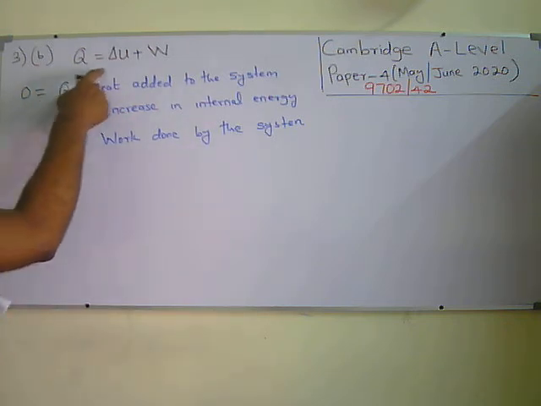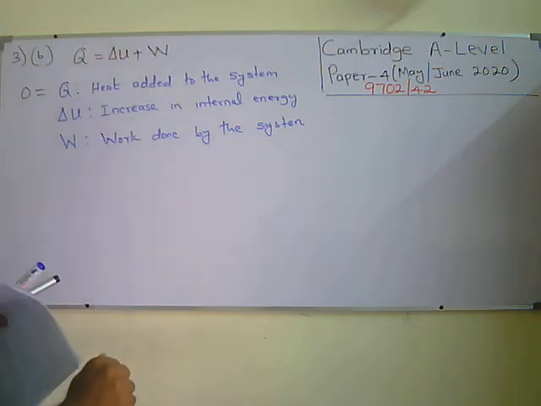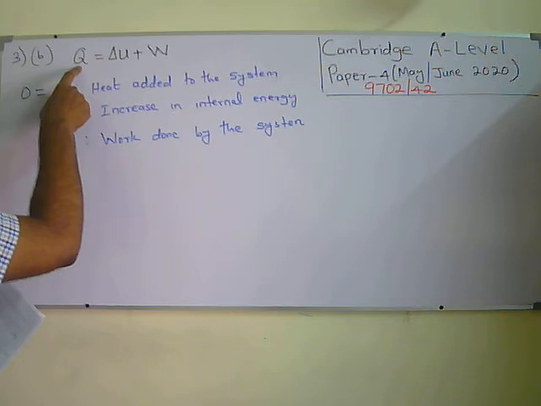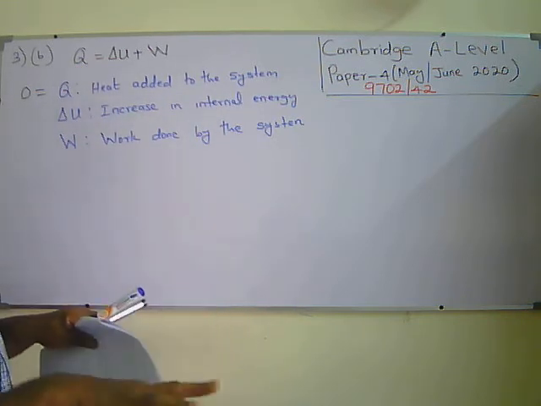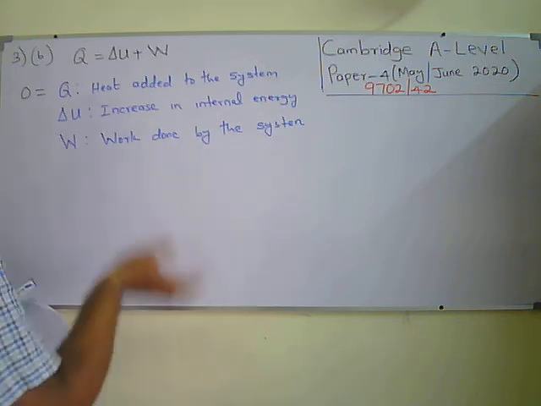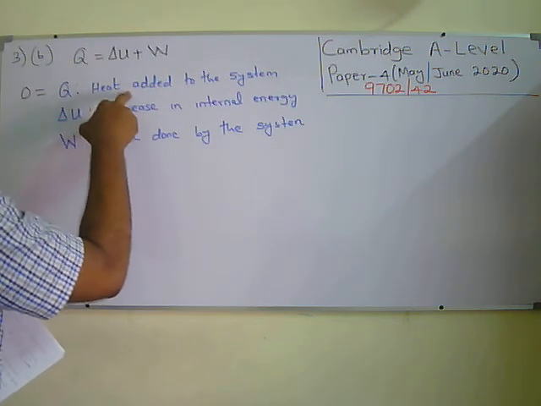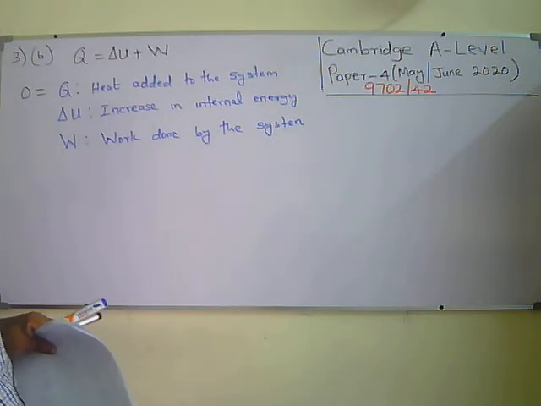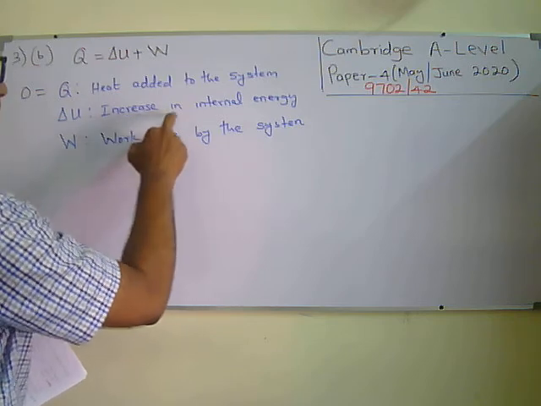So actually in this equation, all these three quantities are taken positive. That means Q positive means heat is added to the system. In case of any calculation, though you won't get much about it, if you get a negative value of Q, that means heat is lost from the system. Same way, delta U we take as positive here, increase in internal energy.